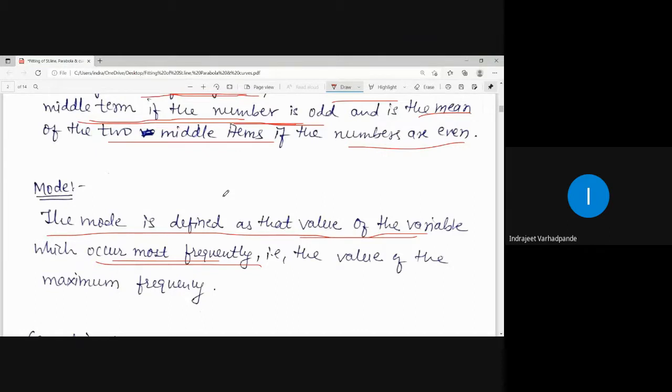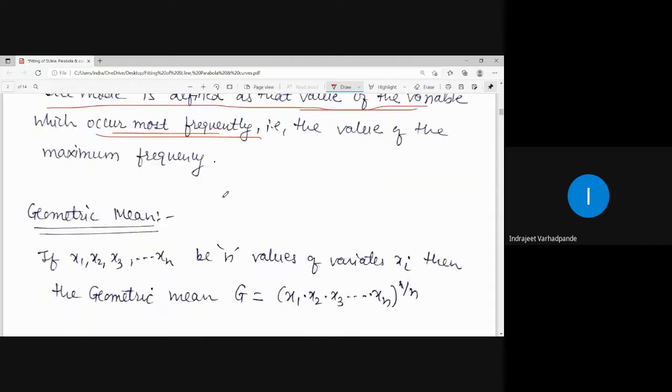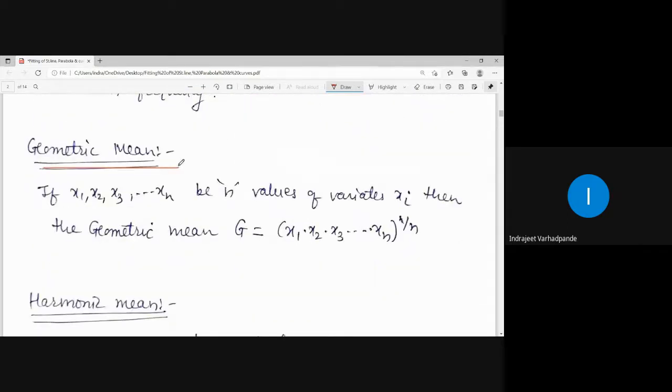One type of mean we discussed is the simple mean, also called the arithmetic mean. But other kinds of mean available are the geometric mean and the harmonic mean. Just for your knowledge upgradation, I'm sharing this with you.